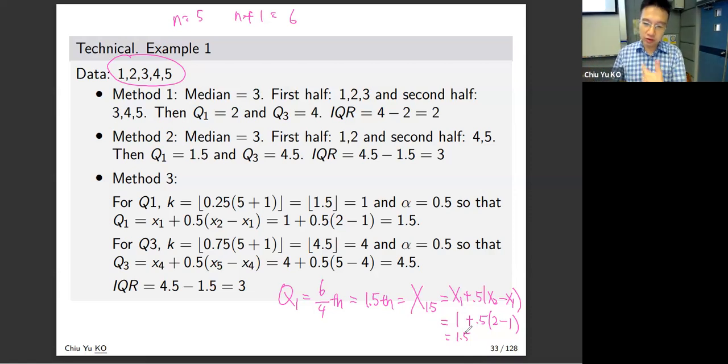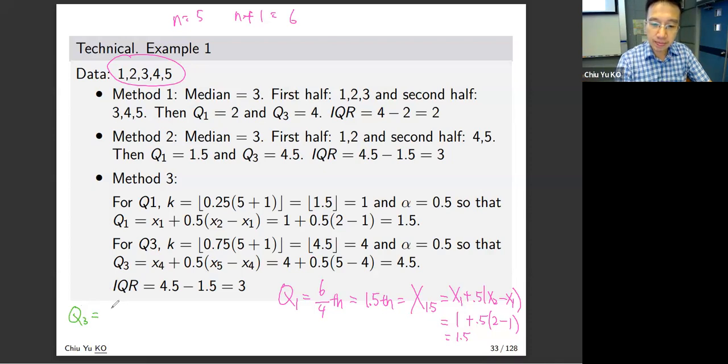Once you work it out, the answer should be easy. And as I said, in Excel you get the answer directly. I just give you the reason why you get it. You don't have to work on it. Of course, you probably need to know how it's being calculated.